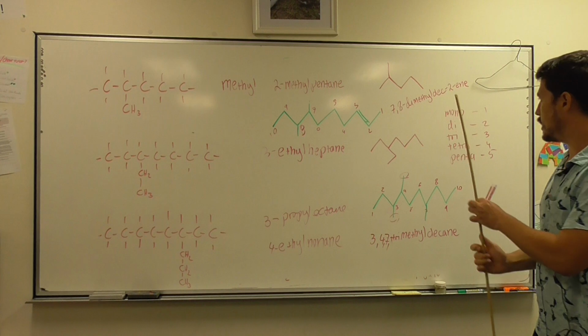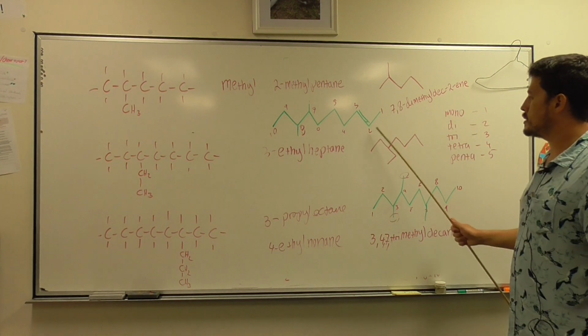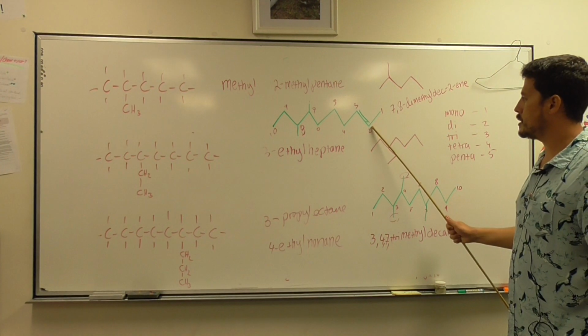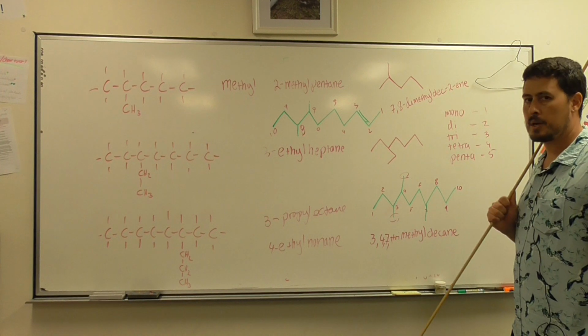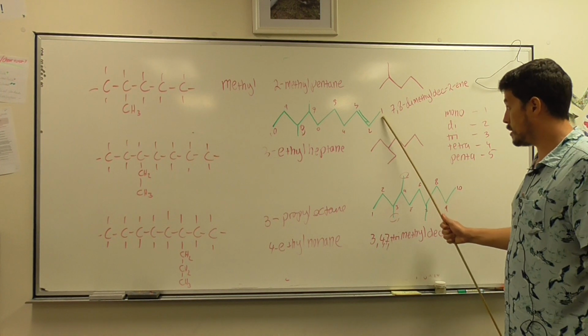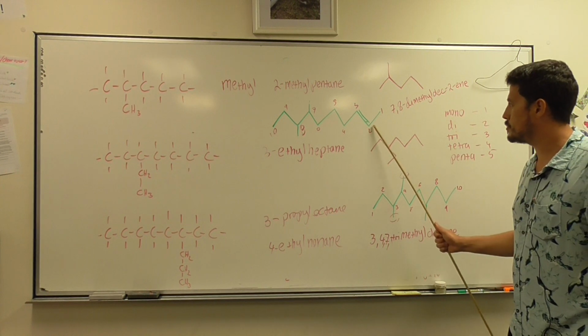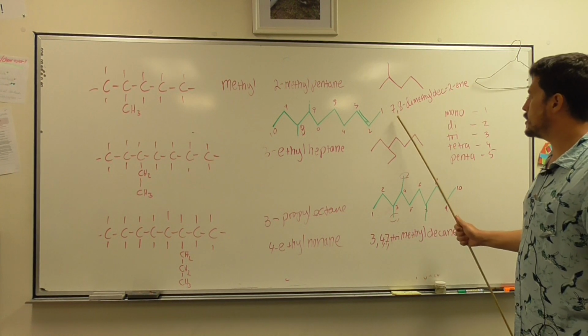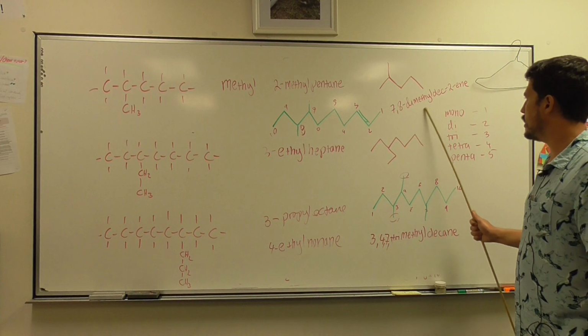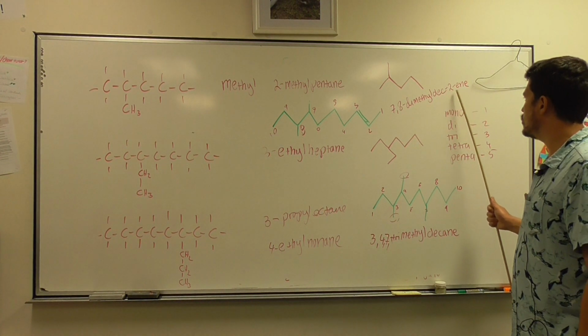Remembering that ene indicates the double bond, and we're seeing that the double bond starts from carbon number 2 to carbon number 3. Of course, it could start from carbon number 1 or carbon number 3; you just change the numbers over to suit. But because we're going from 2 to 3, it's going to be 7, 8 dash dimethyl dec dash 2 dash ene.